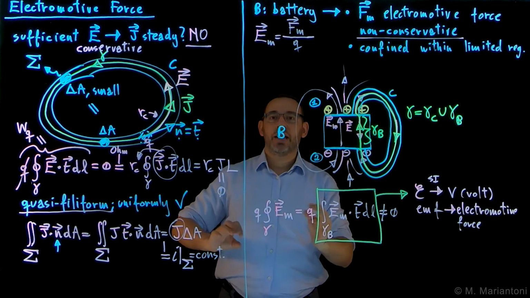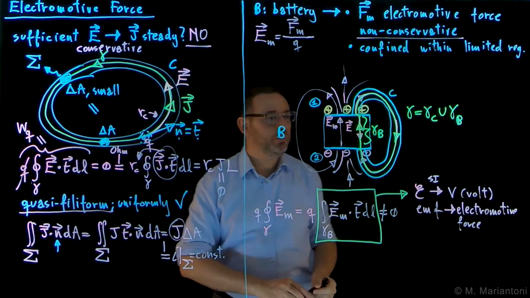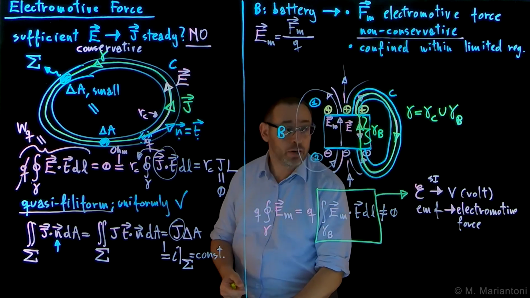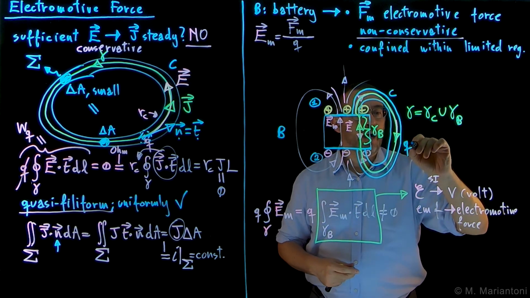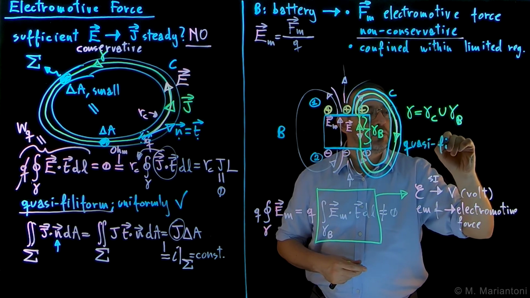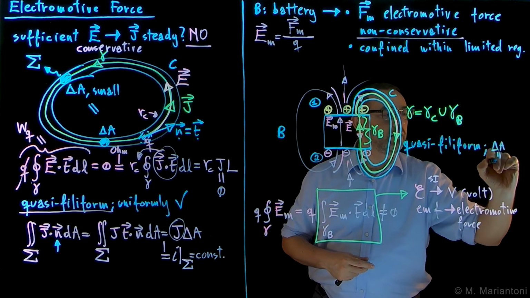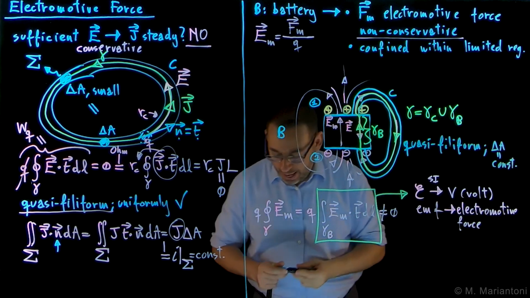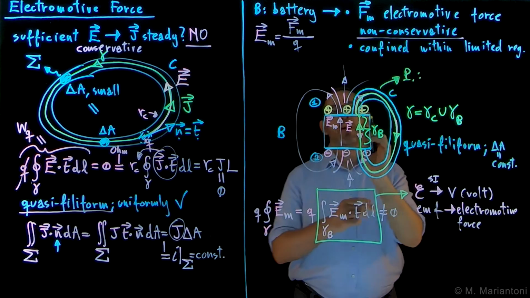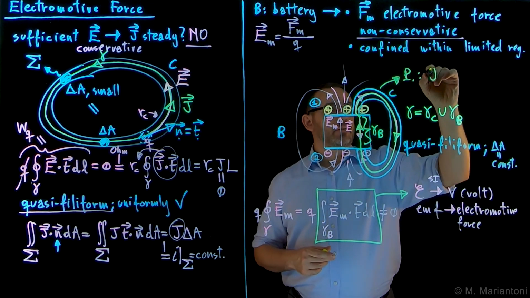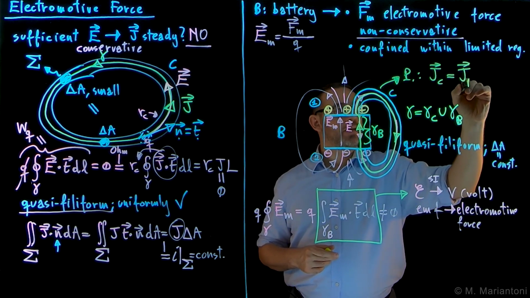We're going to use this now to understand the various cases of open, closed, and generic circuit, but I have a question for you in Piazza. So if I give you this scenario where I have here a quasi-filiform, uniformly generated wire, so uniform means with constant delta A, the question that I have for you in Piazza is: is J in the conductor equal or different than J in the battery?